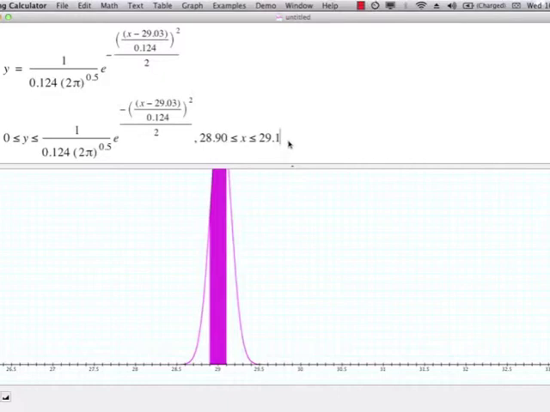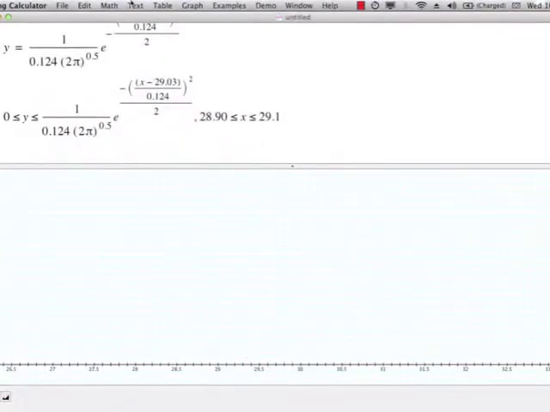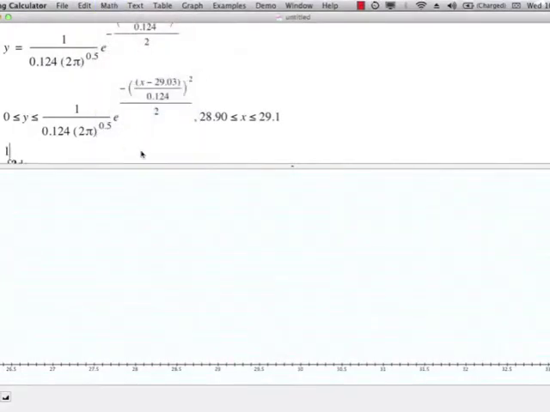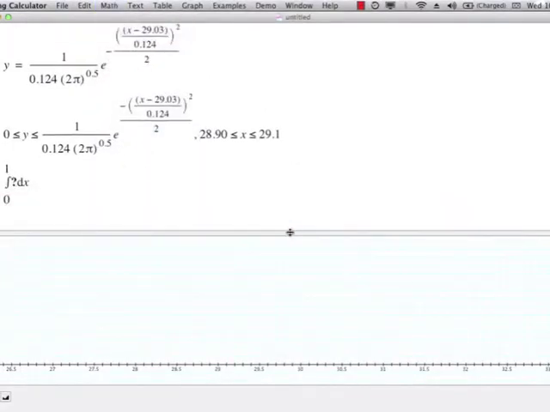Since we can numerically integrate now, I can just take the integral from 28.9 to 29.1 of this messy function.